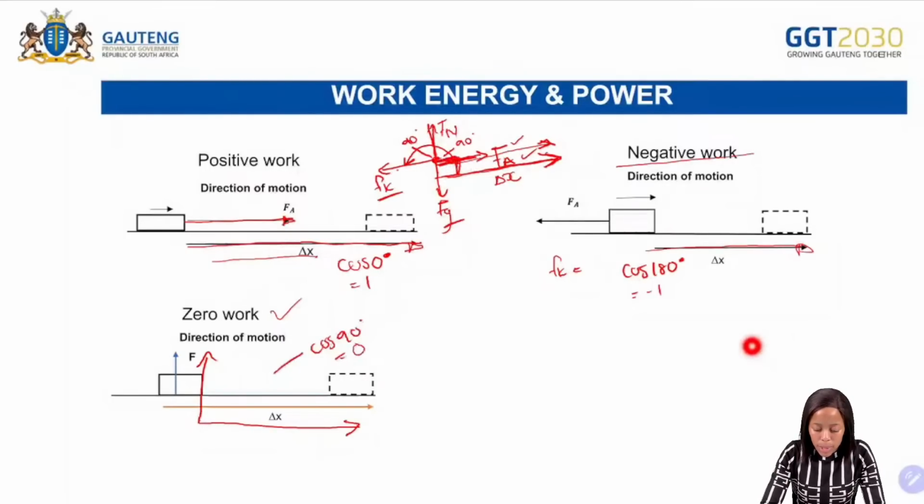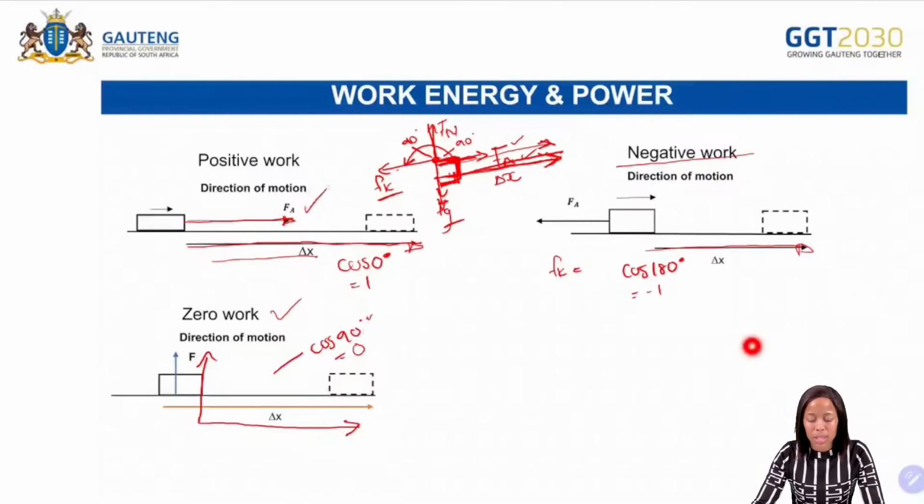And then again, with the gravitational force, we are therefore saying that the displacement and the Fg, what is the angle between the two? The angle between the two is 90 degrees. And then if you say cos 90 degrees, it will therefore give you 0. So what are we saying with all of this? We are saying that the applied force will do positive work.